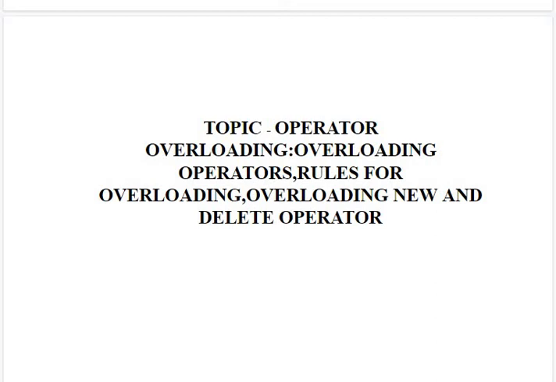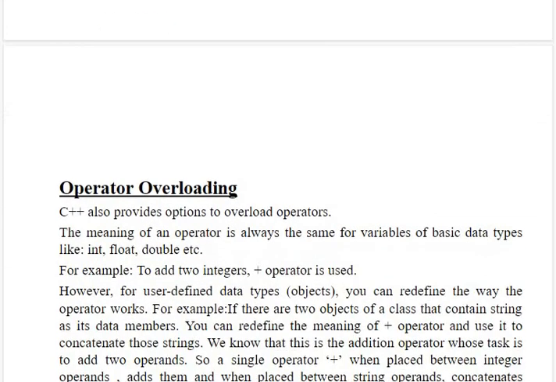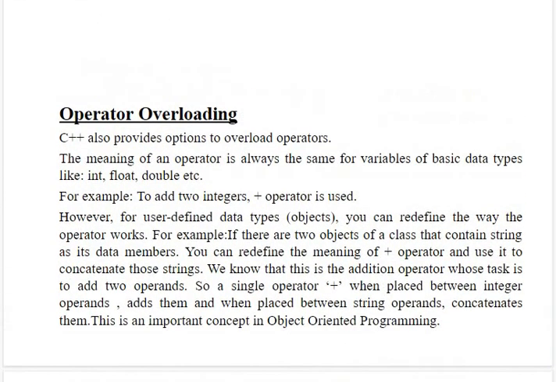So we will study the various rules of operator overloading and how we can overload new and delete operators as well. Operator overloading is a special concept introduced in polymorphism which defines one name, many forms. We have existing operators like addition, subtraction, multiplication, division.